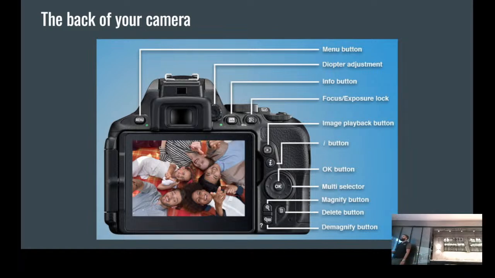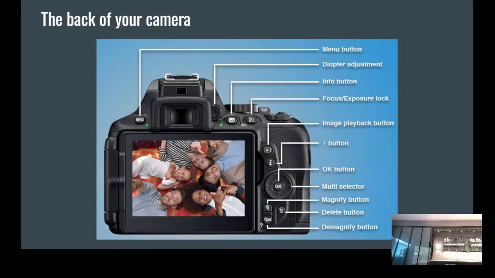If you like to use your glasses or you have glasses, you can still look through the viewfinder and it's not going to hurt your image, but if it doesn't look right, adjust the diameter. If you don't like that and you want the suction cup of the viewfinder to be on your eyes to help block out the light, then make sure you have your diameter adjusted for that so that you get the best clarity of view.